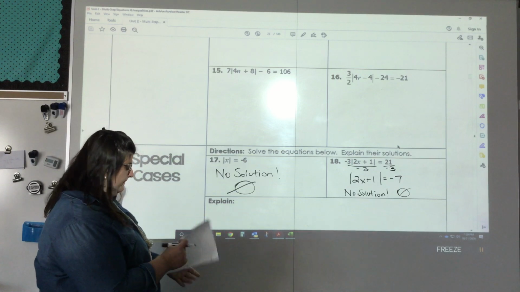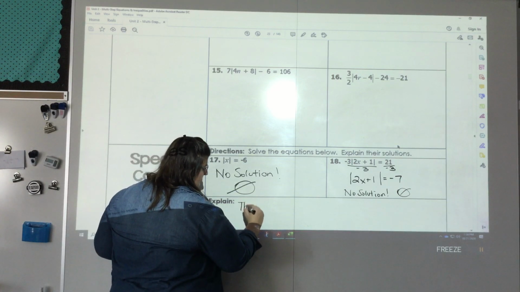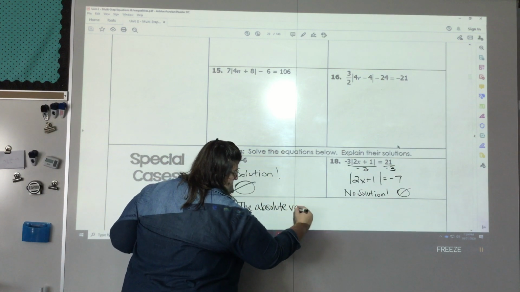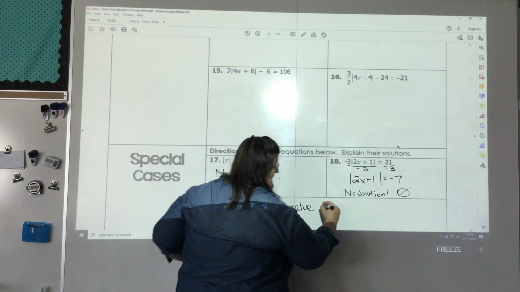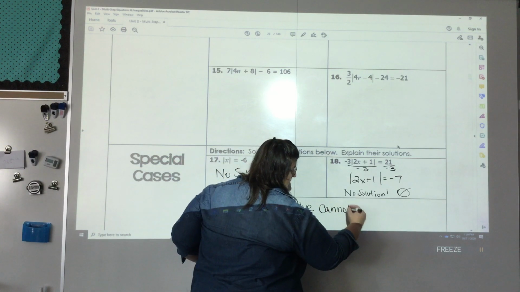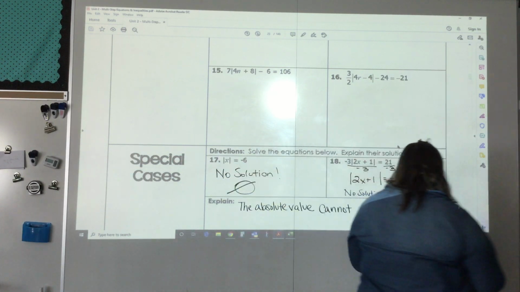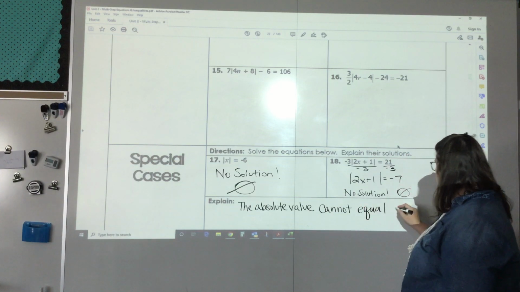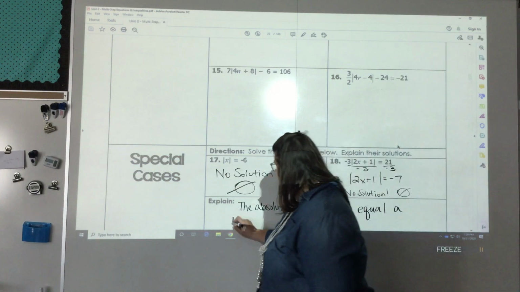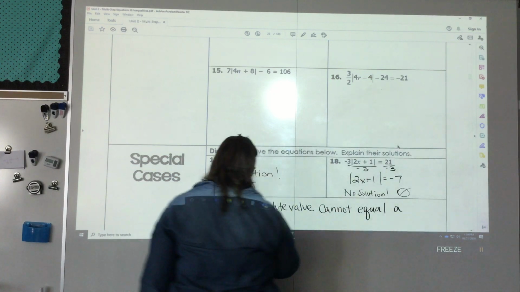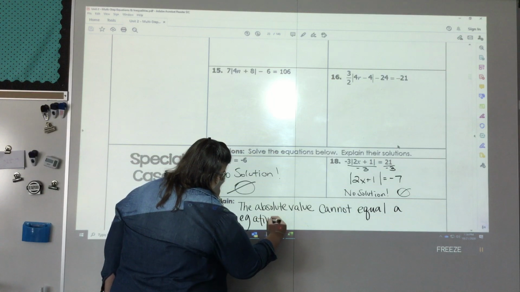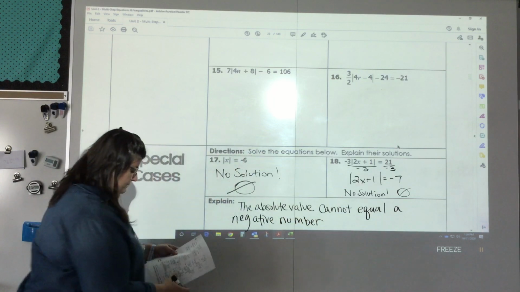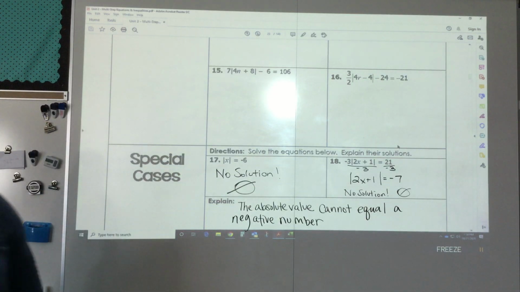So my explanation here is the absolute value cannot equal a negative number once isolated.